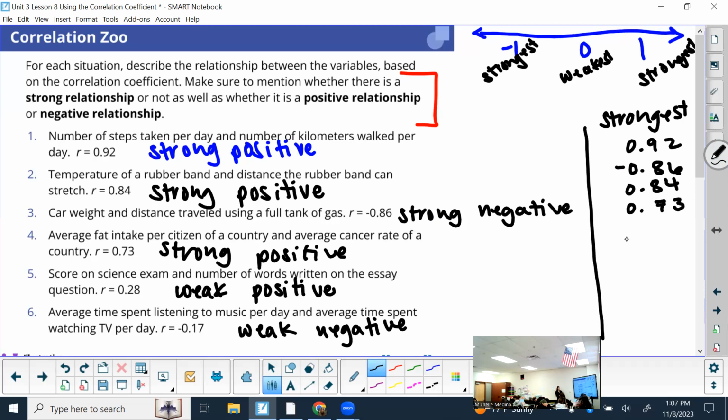The fourth strongest. And then my least strongest is this. So as you can see, the strength doesn't depend on the sign, it depends on how far from 0 it is, from -1 to +1. Good, any questions?